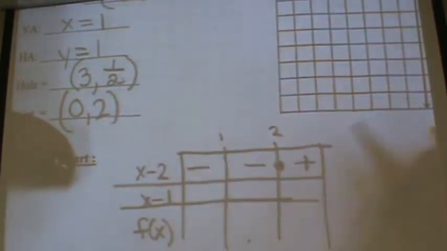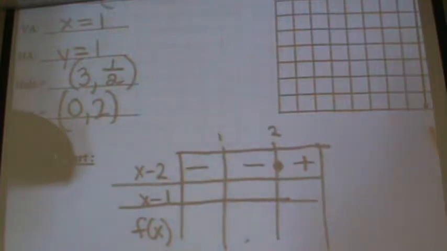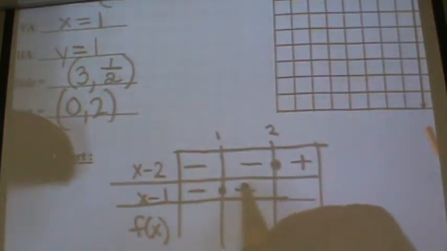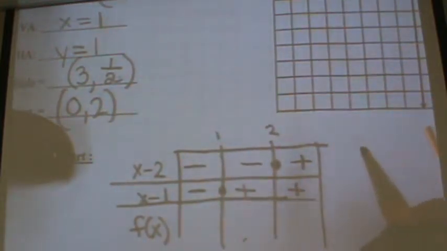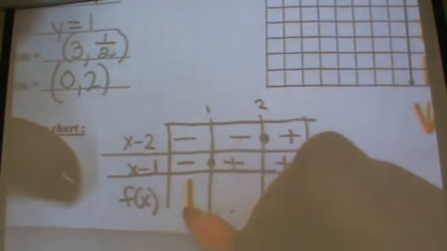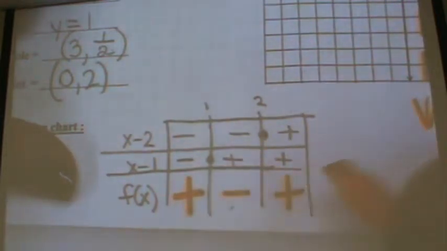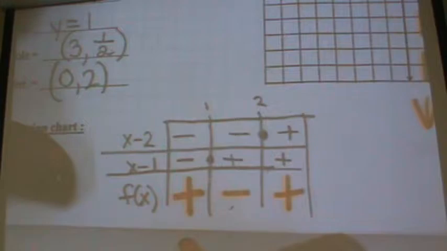To the left of that are what numbers? Negatives. So we found our 0 here, it's 2. These would be negative, and this would be positive. Find your 0 here for x minus 1. It'd be 1 right here. This is going to be negative, these are going to be positive. And now we count. How many negatives do you have in column 1? 2. So it's going to be positive. Negative, positive.